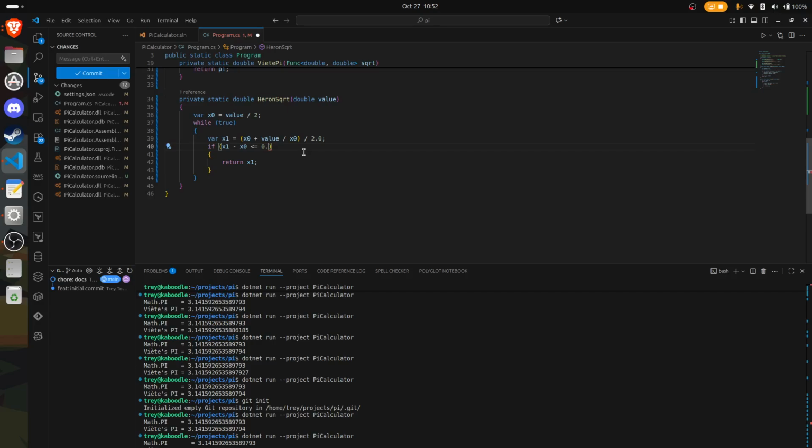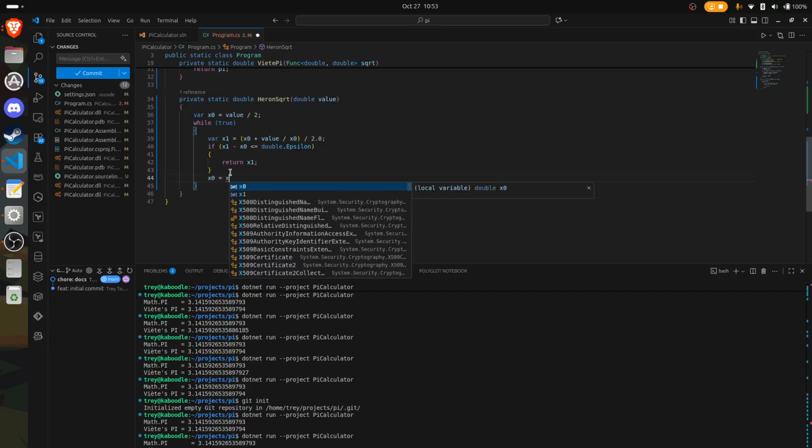I need a better epsilon value. I'm just going to pick a very small number. If the difference is very small, then go ahead and return what you have. Oh, I see what I did wrong. Actually, the epsilon might have worked.